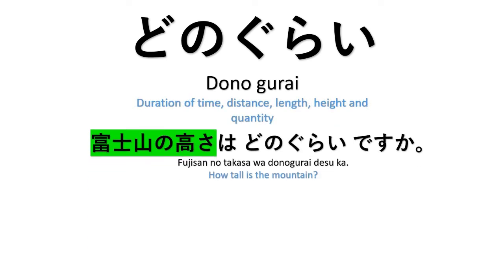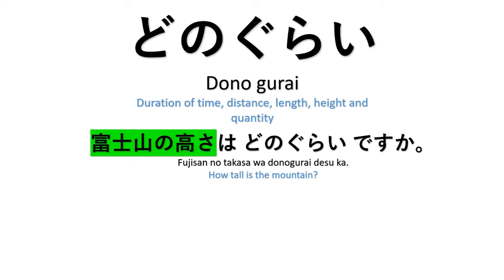富士山の高さはどのぐらいですか？Okay, so here we add the specific word takasa, the height. So the height of Mount Fuji. So donogurai, how high? In this case, the translation of donogurai is referring to height.